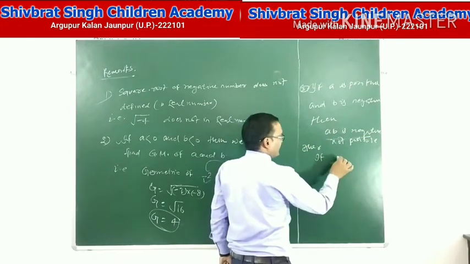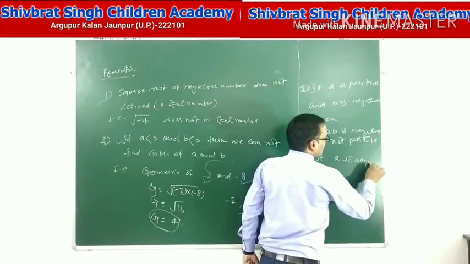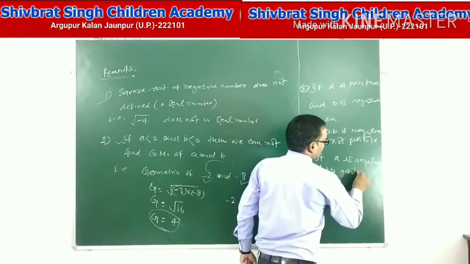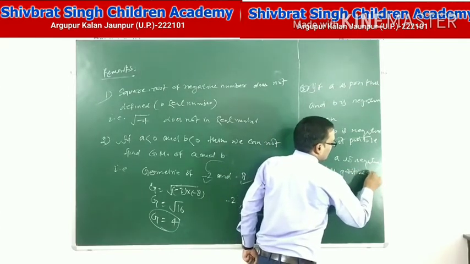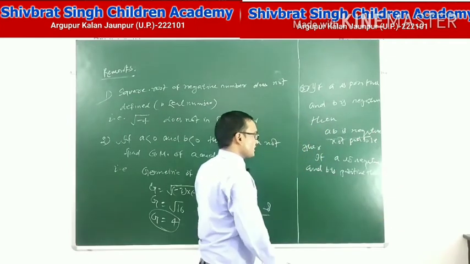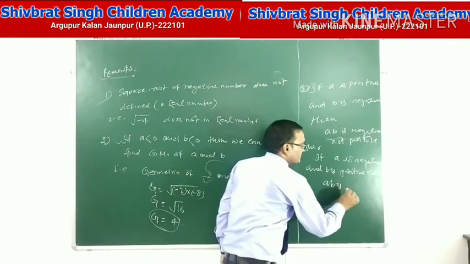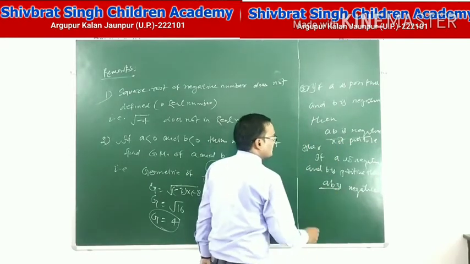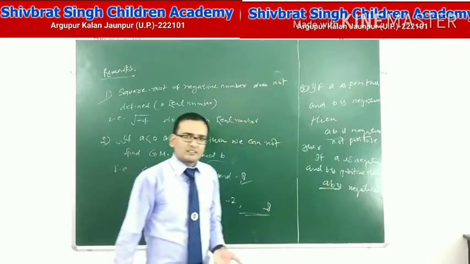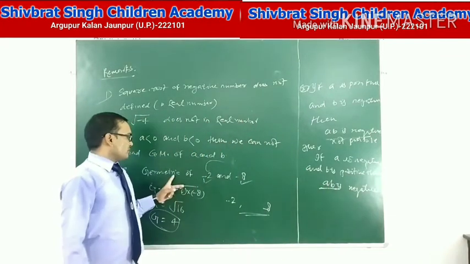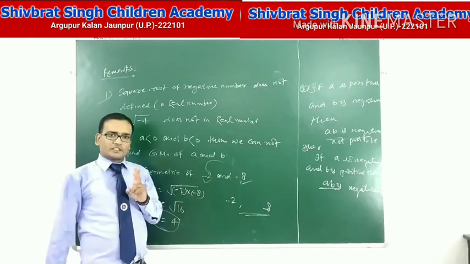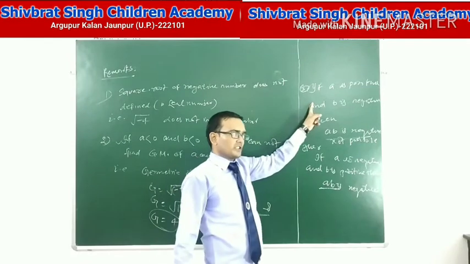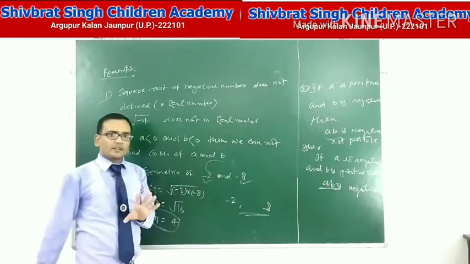If a is negative and b is positive, then also ab is negative, and the square root of ab is not possible. Hence, we find the geometric mean only of two positive numbers. If both are negative, or one is negative and one is positive, then we cannot find the geometric mean of the two numbers.